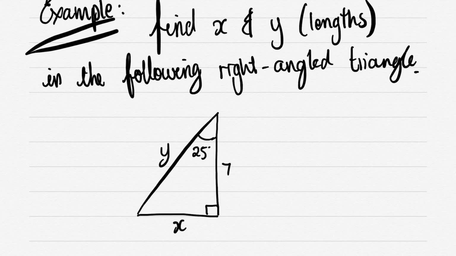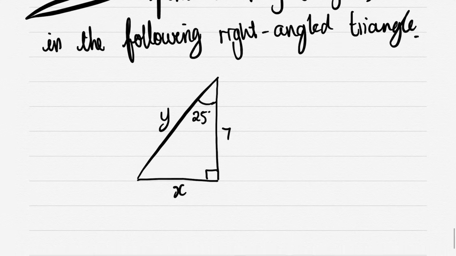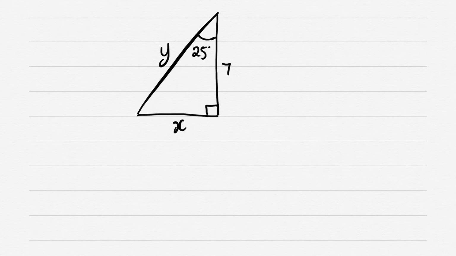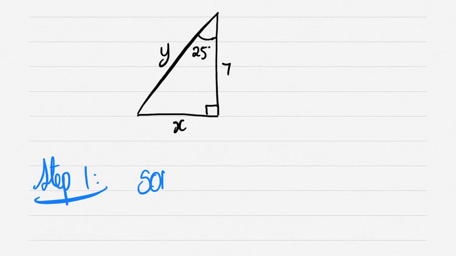What we've got here is an angle of 25 degrees. So if I look at x, and I'm talking about 25, is it the alternative or is it the opposite? Because we know that y is definitely the hypotenuse. The hypotenuse is always opposite the 90-degree angle, which is represented by that square.